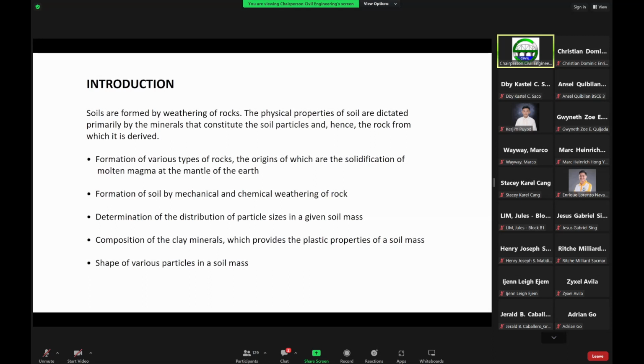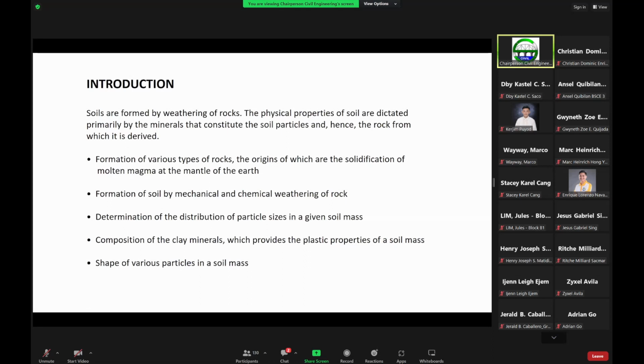And there's what we call a high plasticity silt, which is also called an elastic silt. Then there's a low plasticity clay, which we call a lean clay, and a high plasticity clay, which we also call a fat clay.